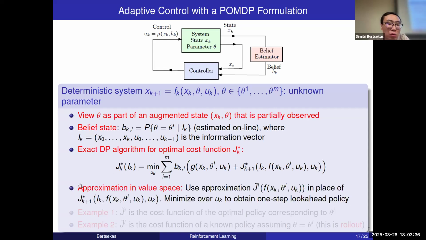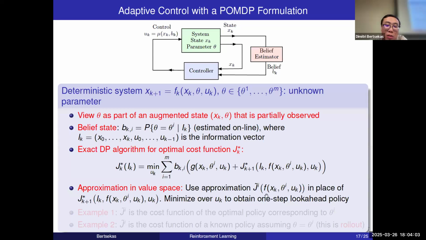So typically, we need to resort to approximation in value space to solve the problem. For approximation in value space, instead of using the optimal cost of the problem with the state being the information vector, we use approximations J tilde i.